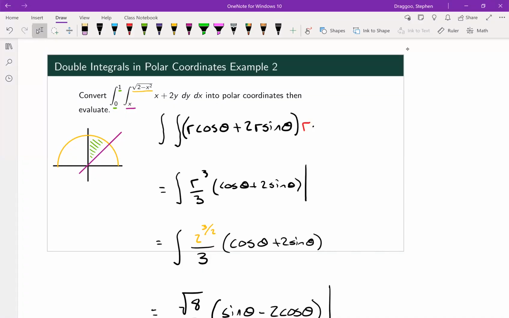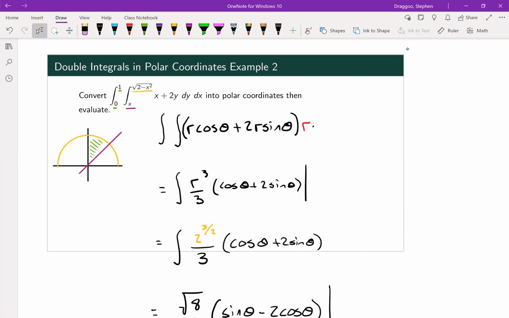All right, taking a look at example 2, we want to convert this rectangular integral into a set of polar integrals where we've got y going in between the functions y equals x and the function square root of 2 minus x squared, with x being between 0 and 1.